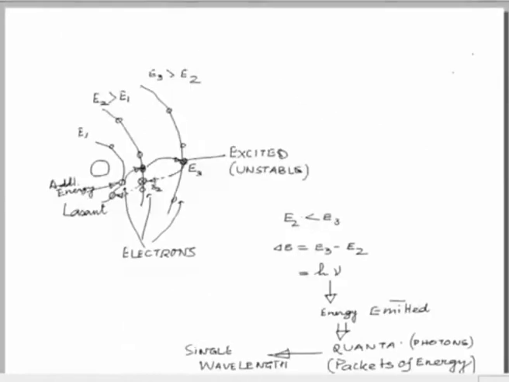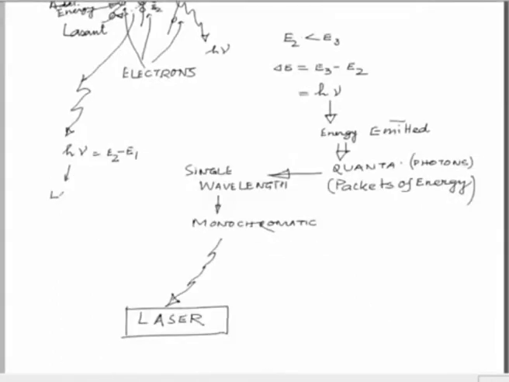While coming back here, they will emit some radiation, which is nothing but h nu. Similarly, while coming out from here, they will emit some radiation, h nu, which will be equivalent to E2 minus E1, again delta E. So, this is nothing but what we call laser.